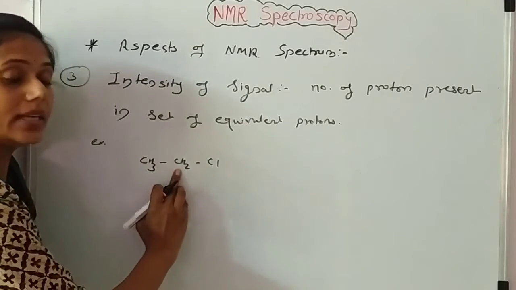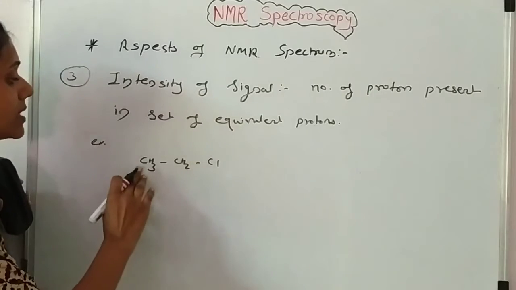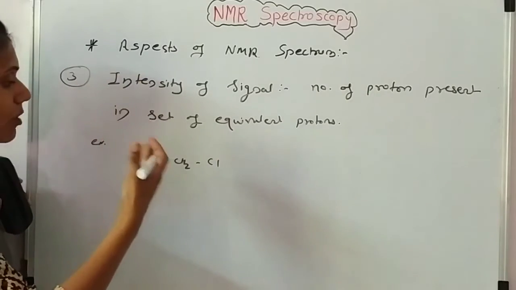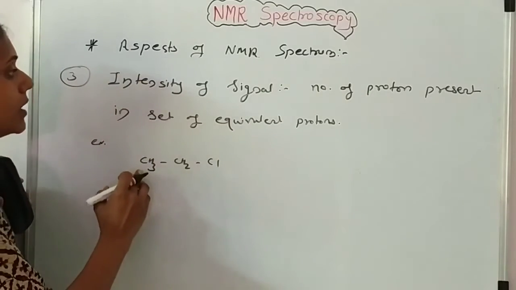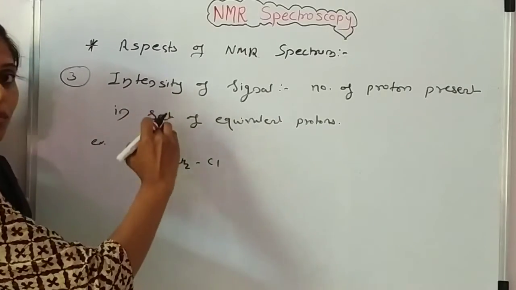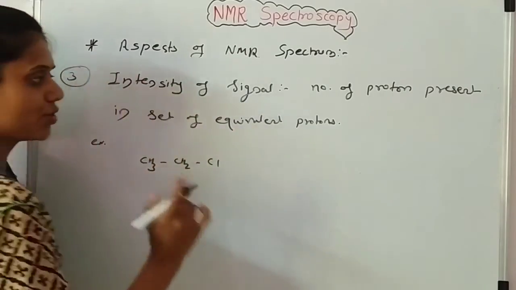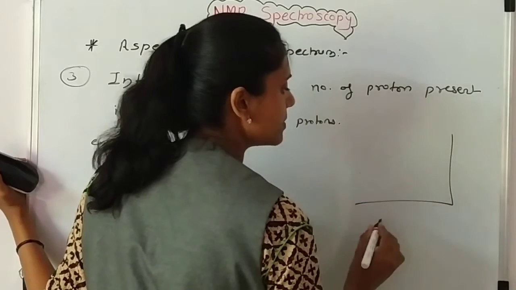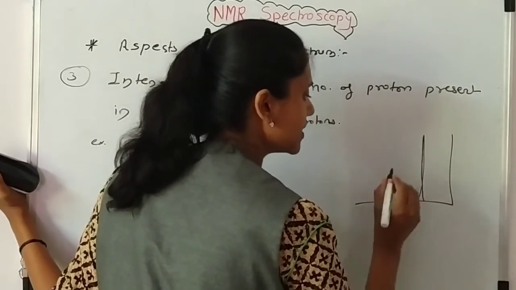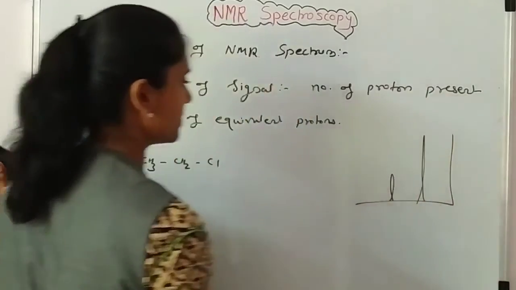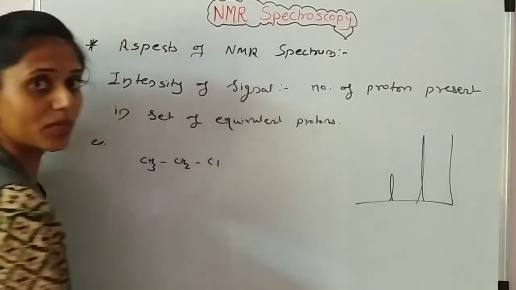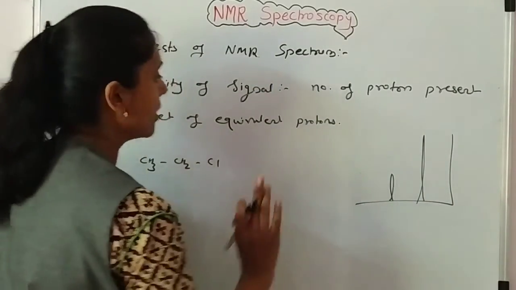The number of protons in the CH2 group is 2. That means 3 is more than 2. Okay. The intensity of this signal is more than the intensity of CH2. Since I draw here an NMR spectrum, I get this one signal, and this two another signal.